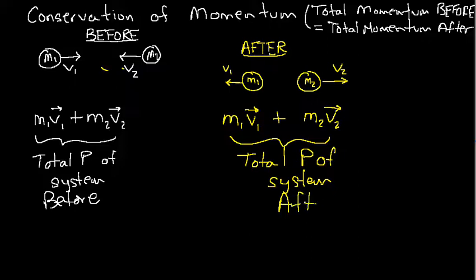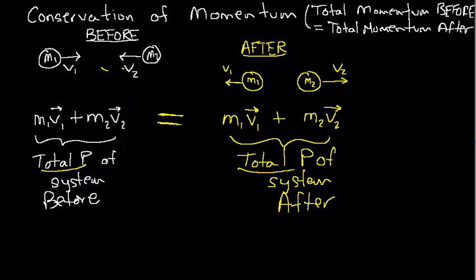So in other words, these two come, they collide like two billiard balls, then they bounce back from each other and go in opposite directions. And what we're going to say is that there's an equality between the total momentum before and the total momentum after. You could set these terms equal to each other, but it's the whole system.